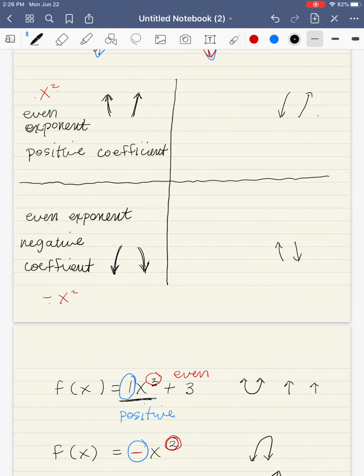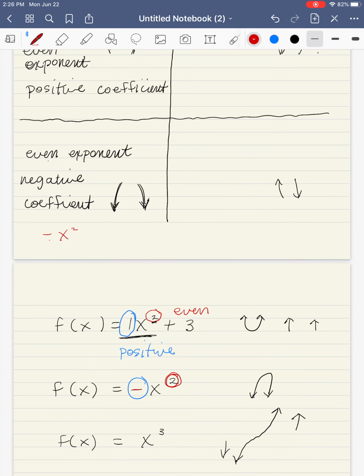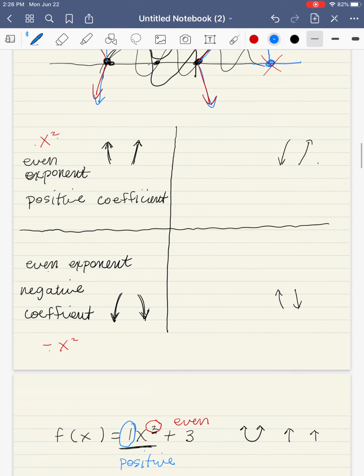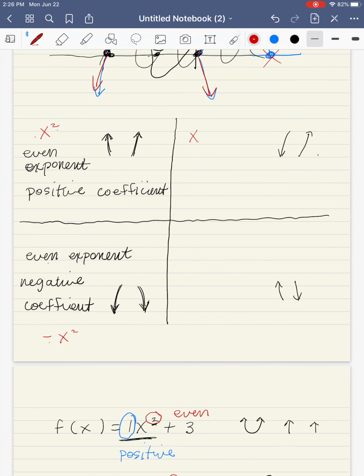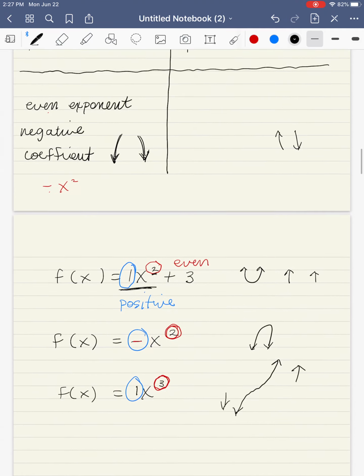Down left, up right. That's this case here. Notice we have an odd exponent and a positive coefficient. So x cubed is going to serve as kind of the model for the down left, up right. Odd exponent, positive coefficient.